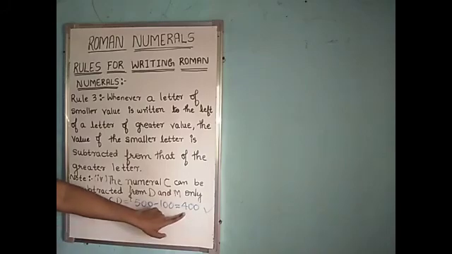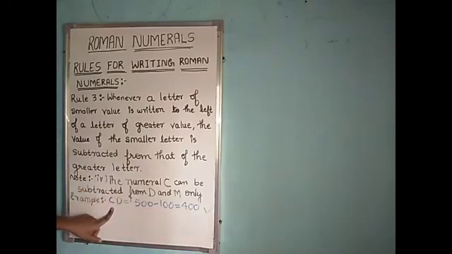We can write 400 as CD in Roman numbers because the numeral C can be subtracted from D and M only.